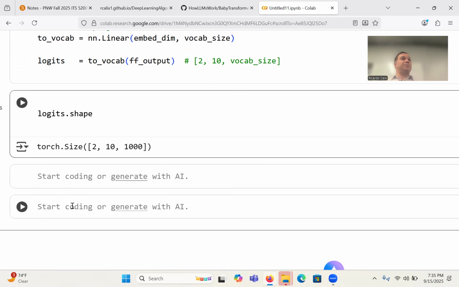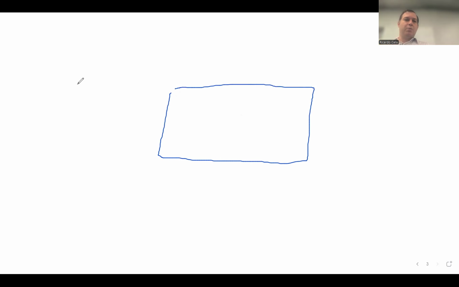That's a transformer. So we started, if you notice, imagine this is the whole transformer, the whole architecture. We start with text.